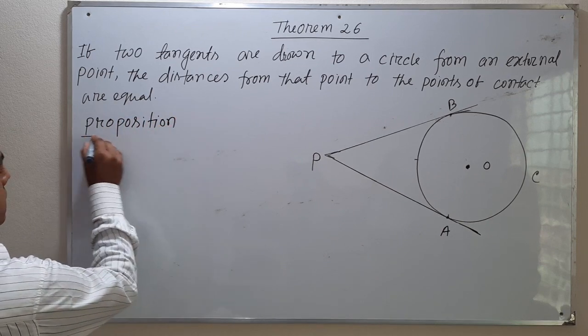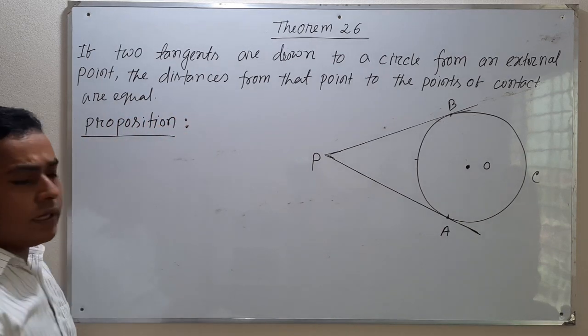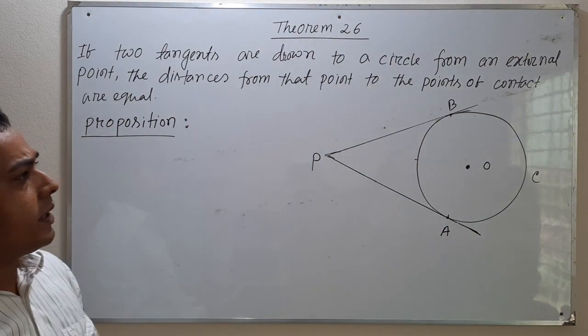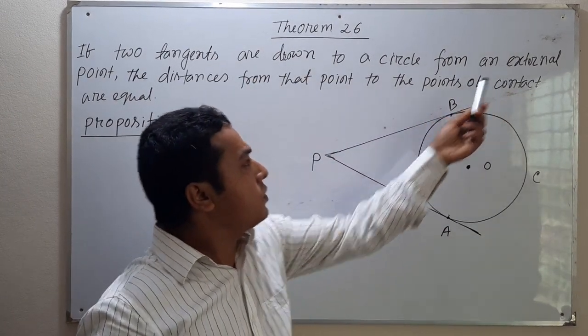The proposition is PA and PB are two tangents from an external point.